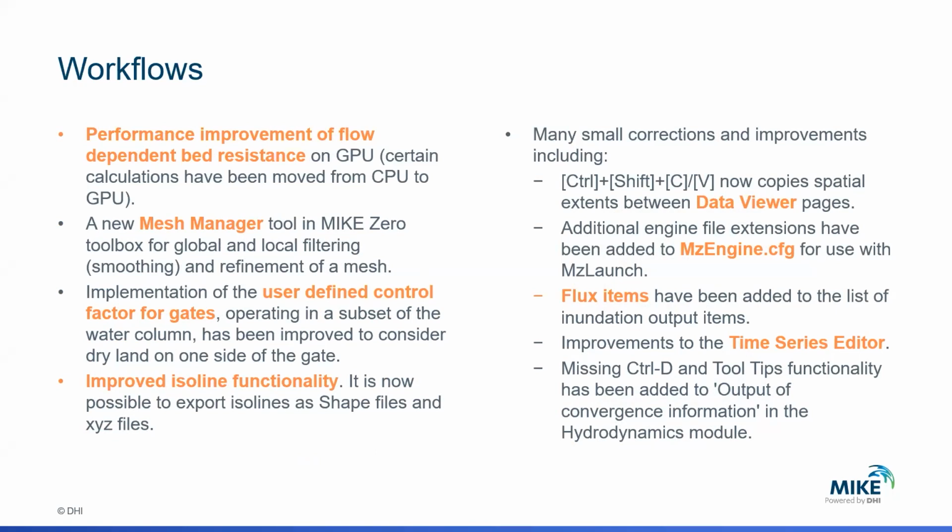And many small corrections, small improvements, as usual. My particular favorite being the top one there, Control-Shift-C, Control-Shift-V between two tabs to copy the spatial extents. I'll see if I've got time to show you that. It's really quick, but you never know.